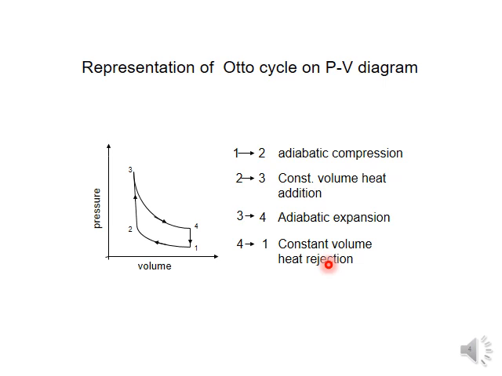Total volume is nothing but clearance volume plus swept volume, so r is equal to (Vc plus Vs) by Vc. That is the formula for r. So you have to write all the four sequential processes like 1 to 2, 2 to 3, 3 to 4, 4 to 1, and write the names of all the processes also. And for the TS diagram also, same, you have to write these four process names.